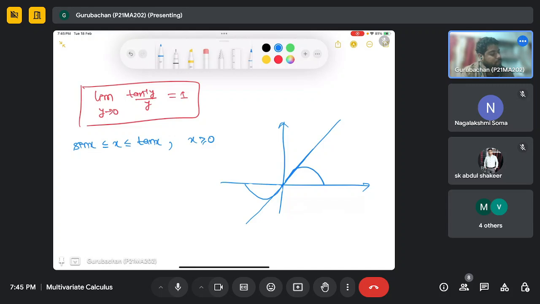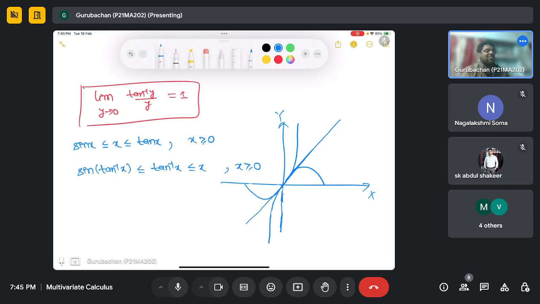Now, this is y equals tan x. So for x greater than 0, you can easily see that tan x is greater than x, which is greater than sin x. So from here we will get sin(tan inverse x) less than or equal to tan inverse x less than or equal to x for x greater than or equal to 0.